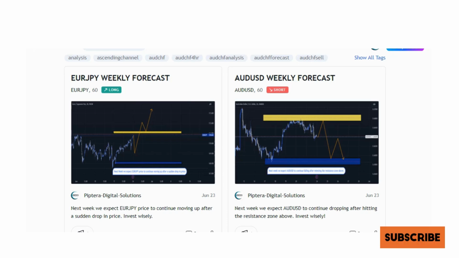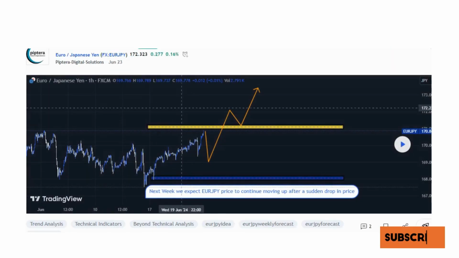Our first one will be the EUR/JPY. What was our expectation on this pair? We expected the price to continue moving up after a sudden drop in price. So let's see how the price played out.